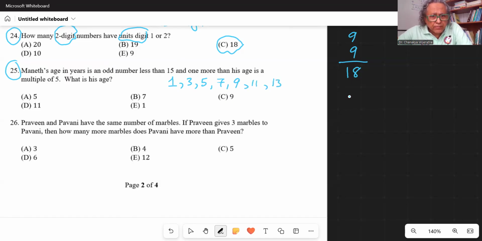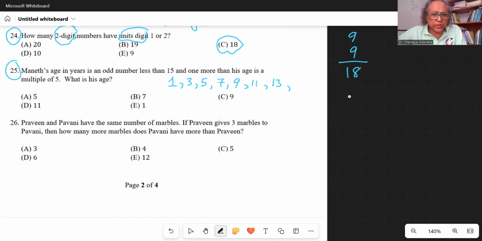So you can see there are 7 odd numbers. But I forgot 15 is not included, because this is less than 15.